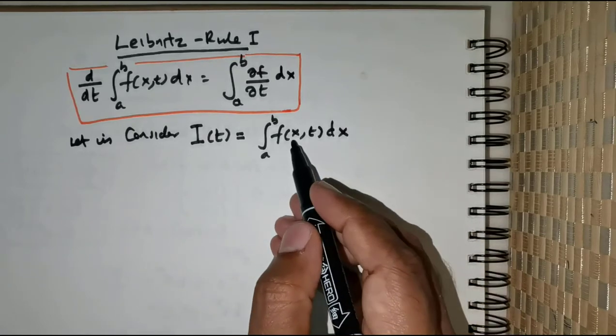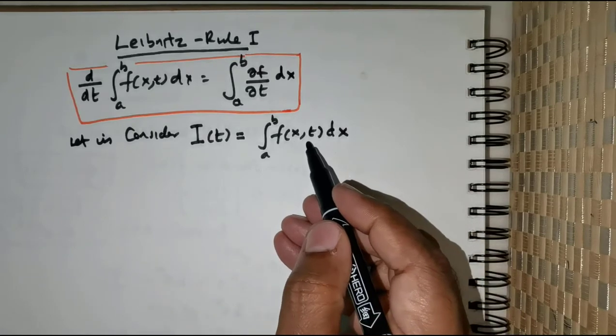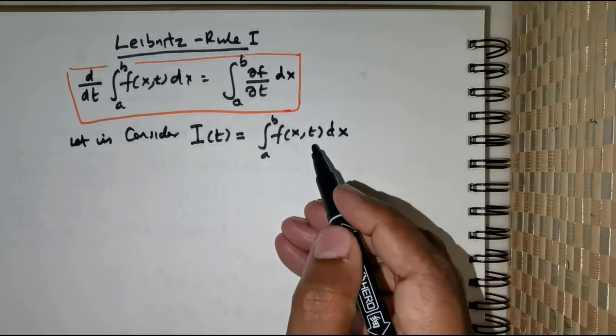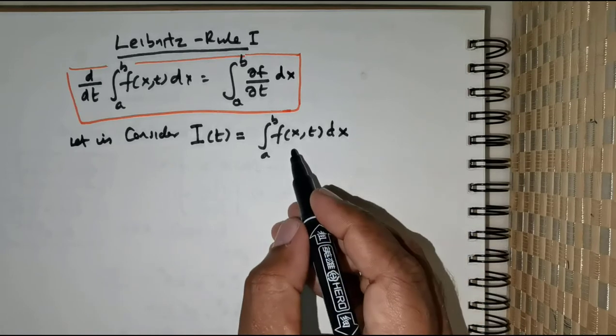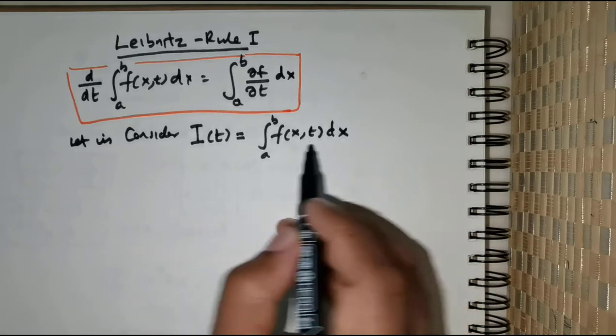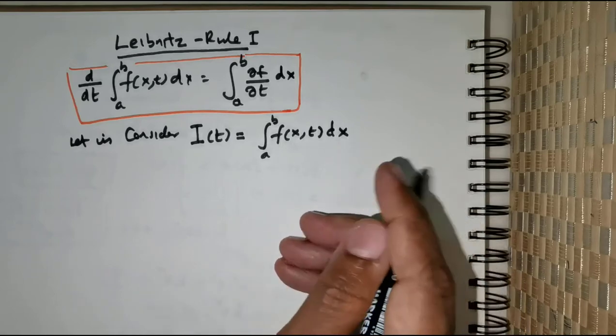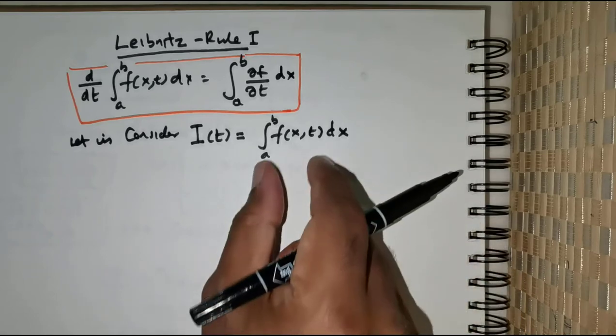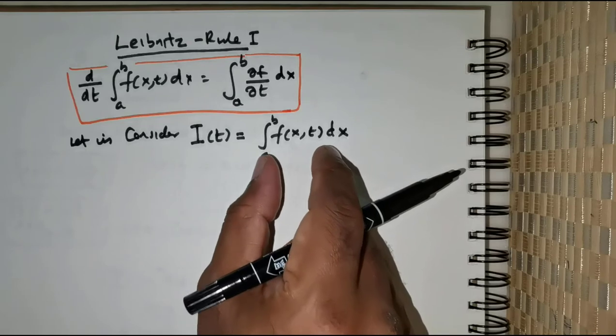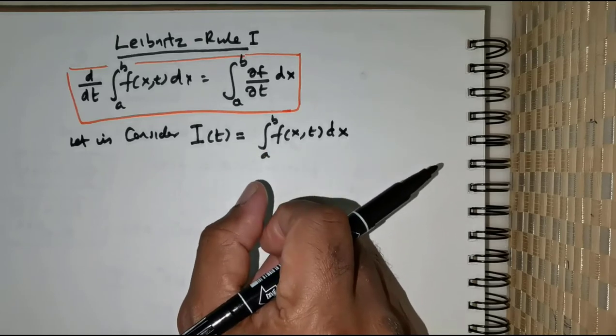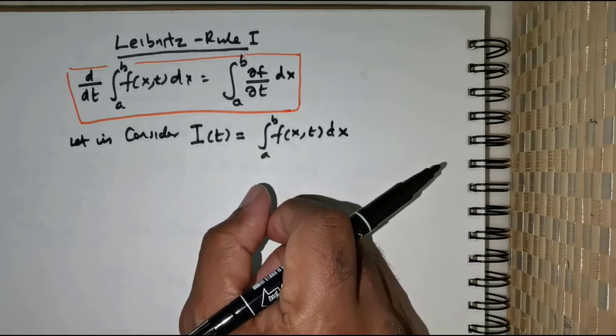So f is a function of two variables, x and t. Yes, you have heard it correctly. x and t are both variables. And if we were given a function of this fashion, how are we going to integrate? That is the biggest question.